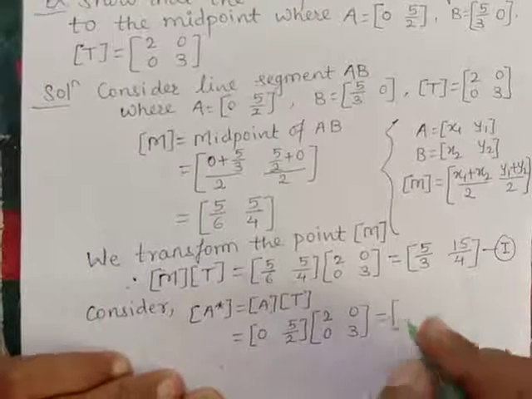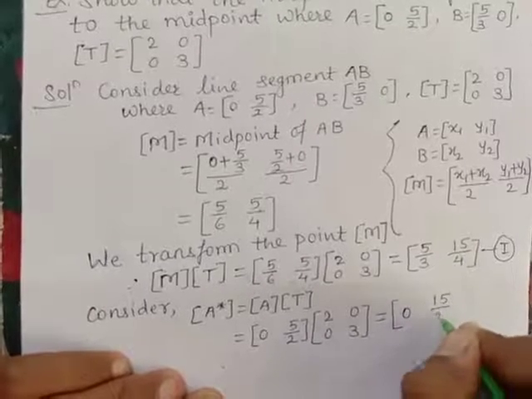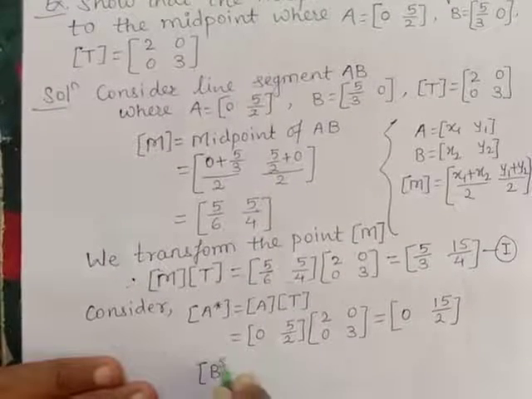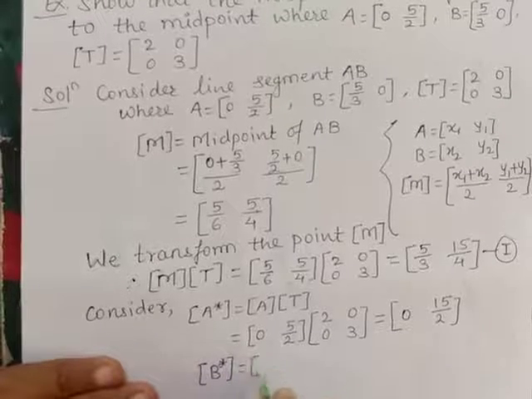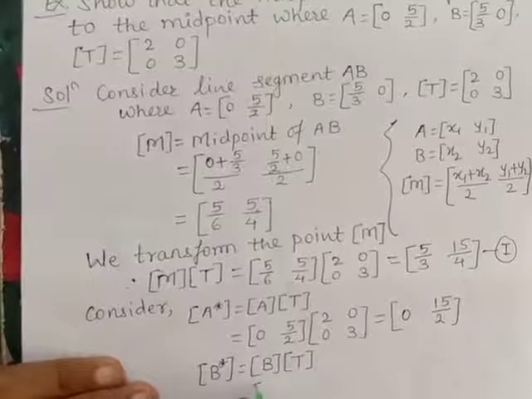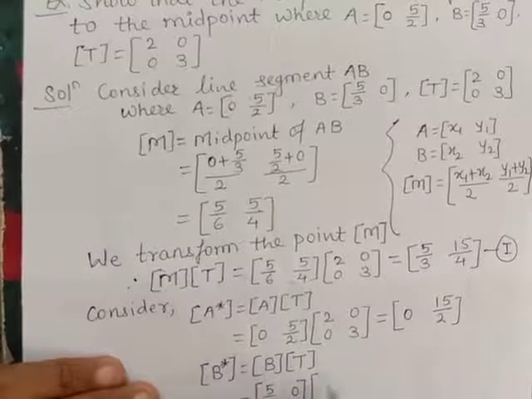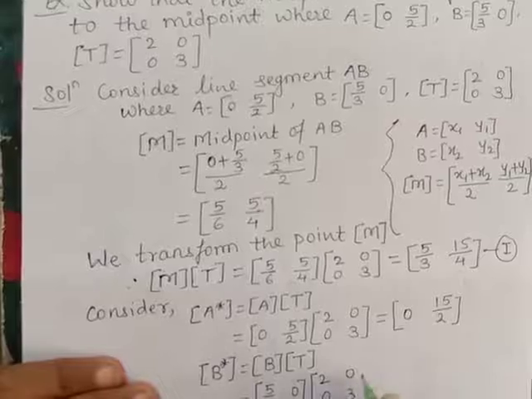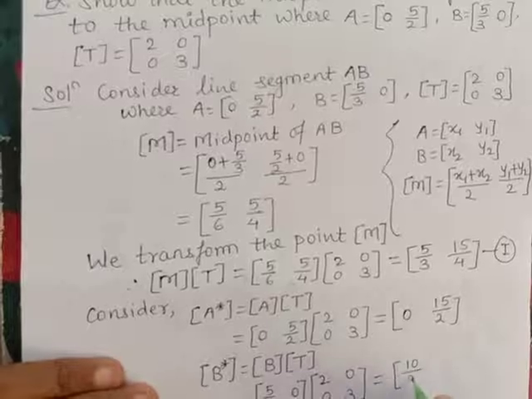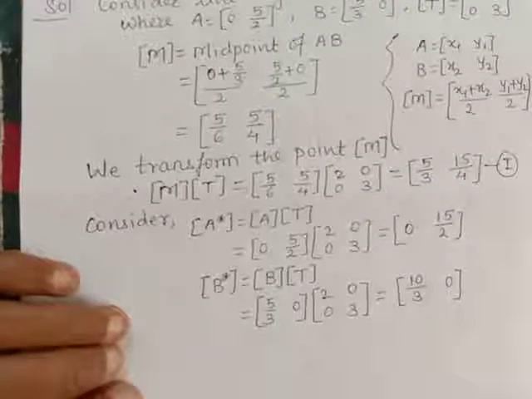So now it will be 0 and 15/2. Similarly, B star is B into T. So it is 5/3, 0 into 2003. So it is 10/3, 0.